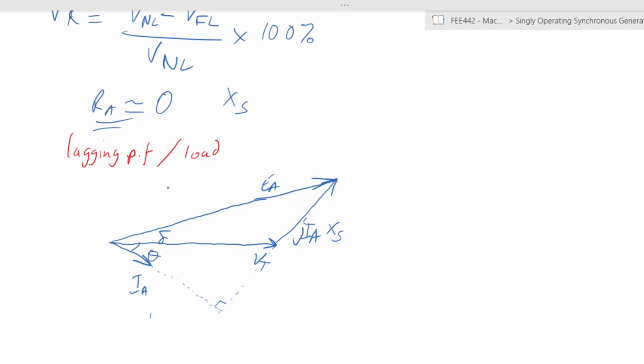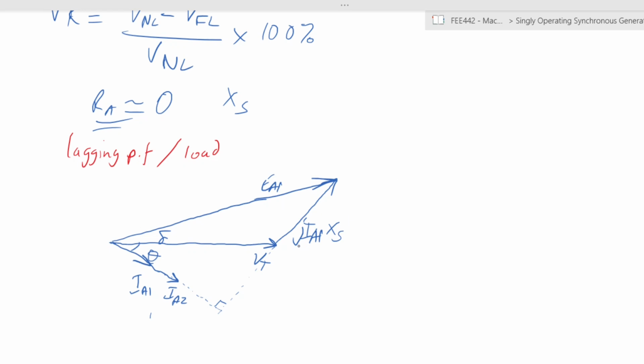Now, what happens if you have your I_A and then an increase in that load? The value of I_A will increase from, say, there to there. Let's call this I_A1 and that I_A2, and this is internally generated voltage number 1. What happens in this case?